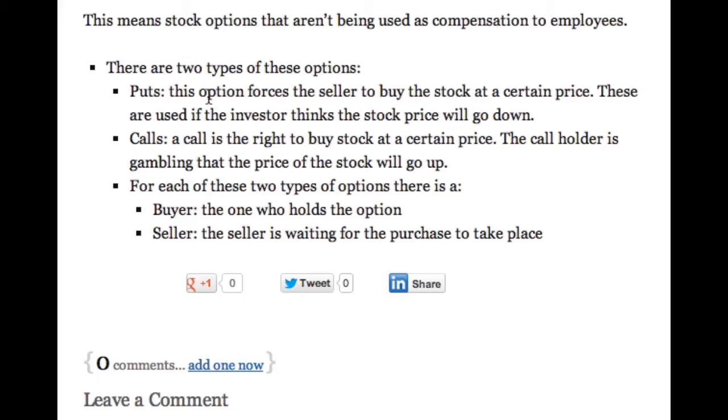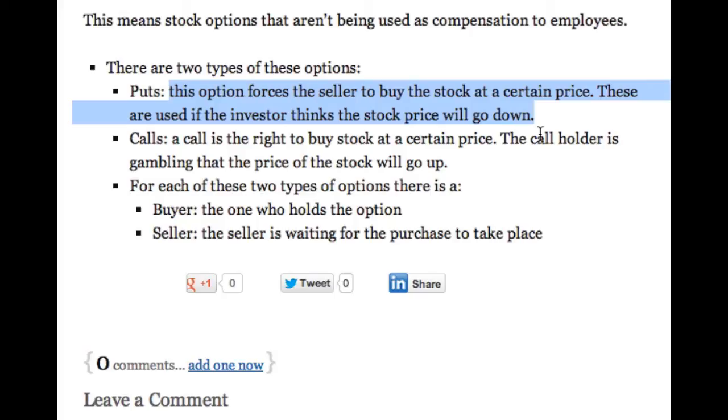A put is an option that forces the seller to buy the stock at a certain price. So the buyer is the one who is holding the put option, and if they exercise that, they're forcing the seller to buy the stock at a certain price.